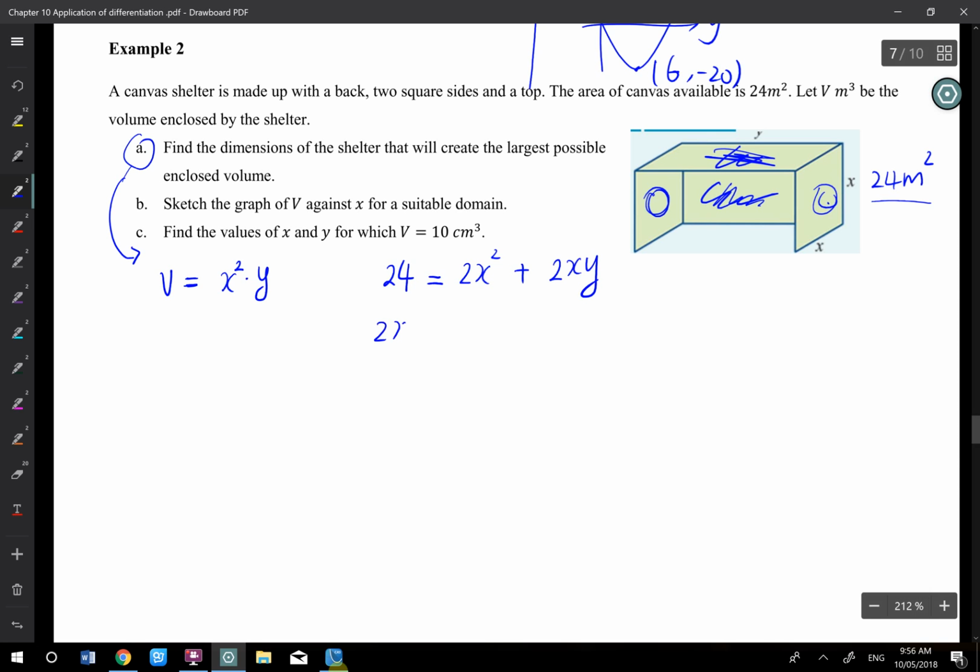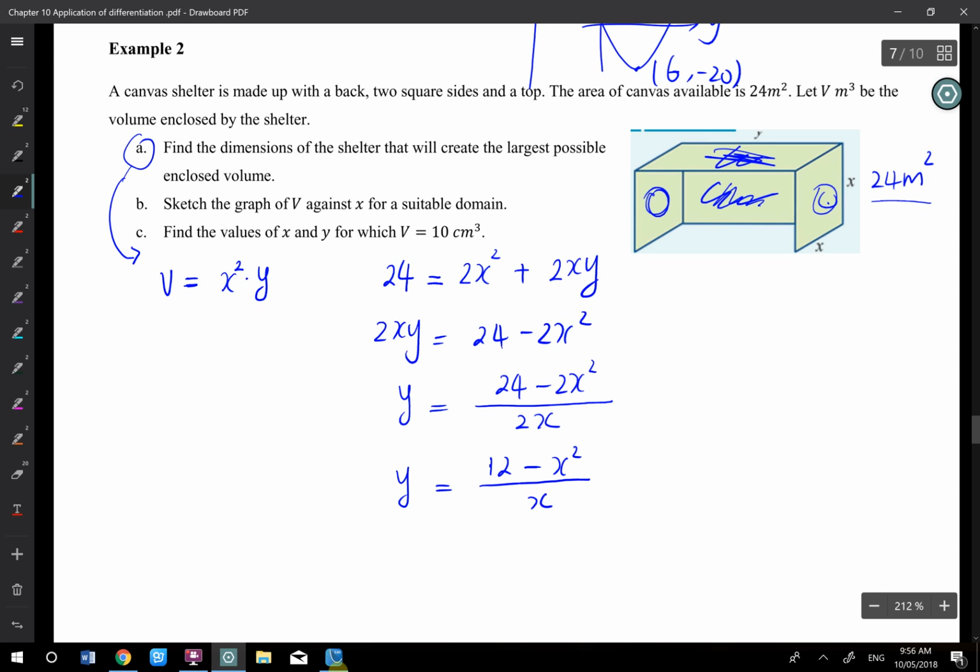So 2xy equals 24 minus 2x squared, and y will equal 24 minus 2x squared over 2x. y will be 12 minus x squared over x. That's y.